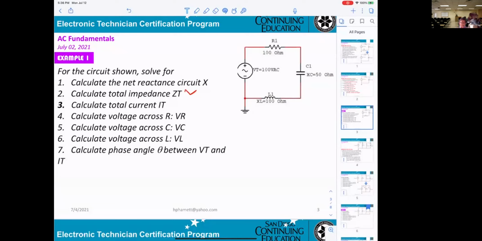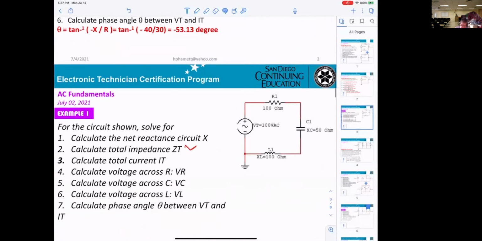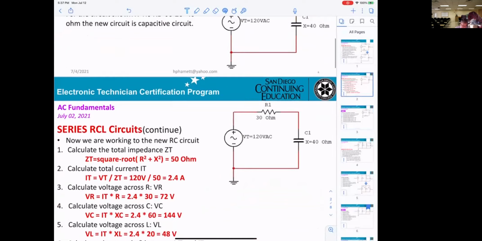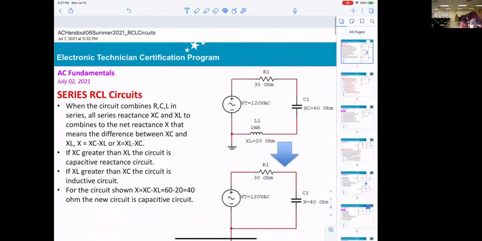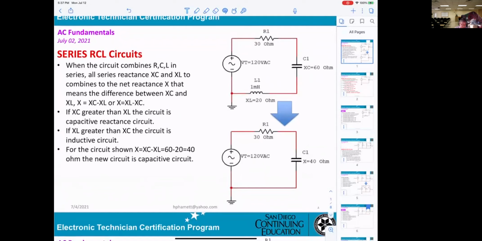Okay, and then they say they want to calculate the impedance. Let's see here. You can see that. Now on this one, sorry, I skipped that.